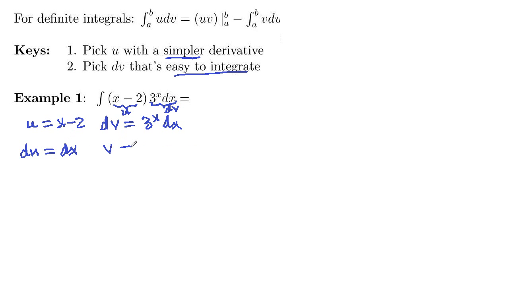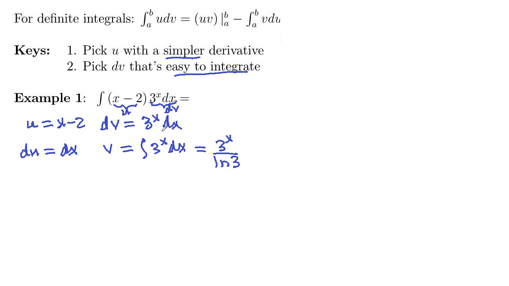And then v is going to be the antiderivative of 3 to the x dx. And remember, when you differentiate b to the x, you multiply by log of the base. When you integrate, you divide by log of the base. So this is 3 to the x divided by ln of 3. And then you would have a plus a constant, but we're going to take the easiest constant, 0.